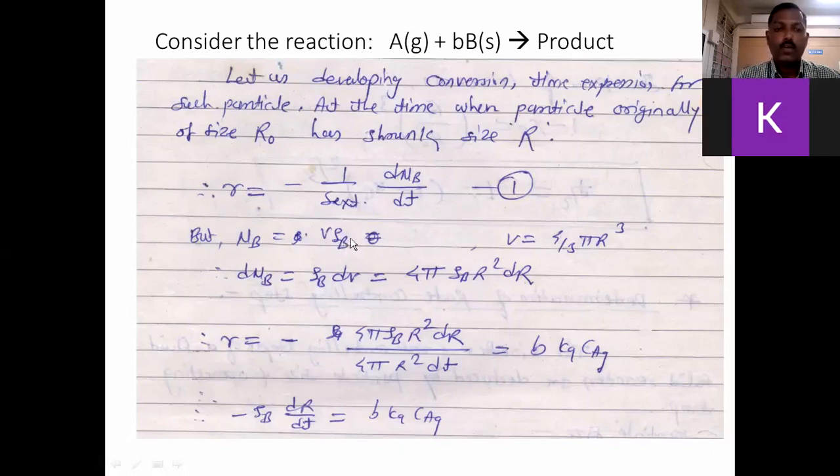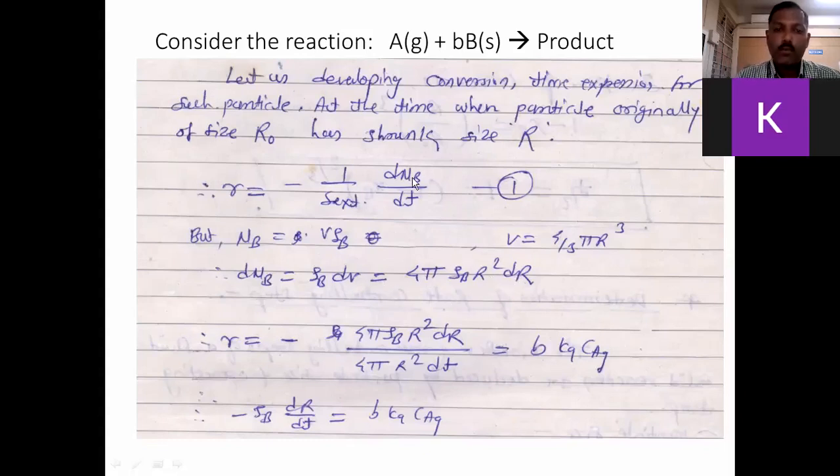The change in number of moles is dNB equals rho B into dV, because the volume changes as the particle shrinks. For a spherical particle, V equals 4 by 3 pi r cubed, so dV equals 4 by 3 pi into 3r squared dr. The 3 cancels, so dNB equals 4 pi rho B r squared dr.